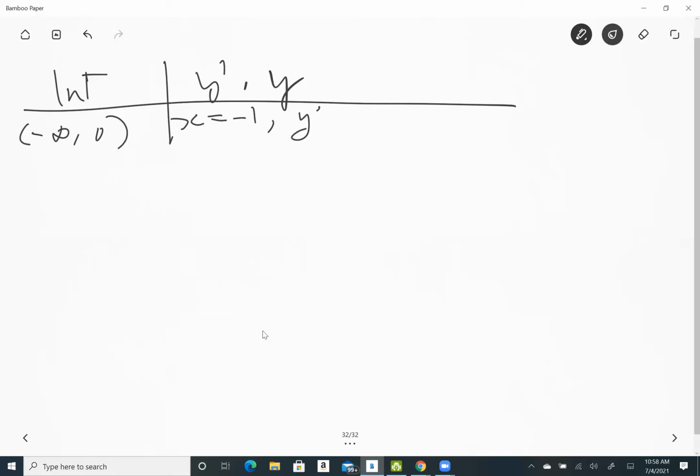Okay, 6x squared minus 24x. So that will be the y prime. Is it 6x? Yeah. 6 times negative 1 squared, minus 24 times negative 1.